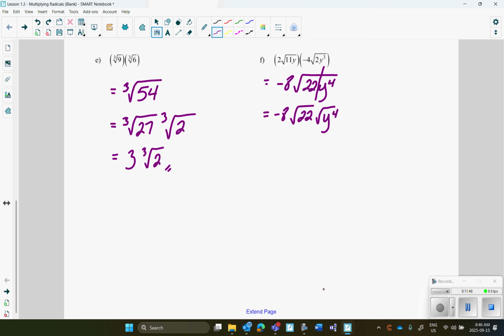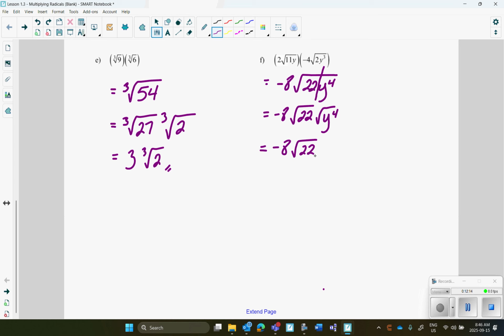How about this one? Okay, you're on the right track. What times itself? We can actually take this one exactly. What times itself gives us y to the 4th? Remember, think exponent laws.